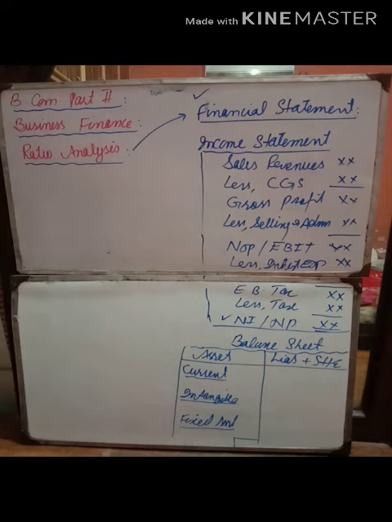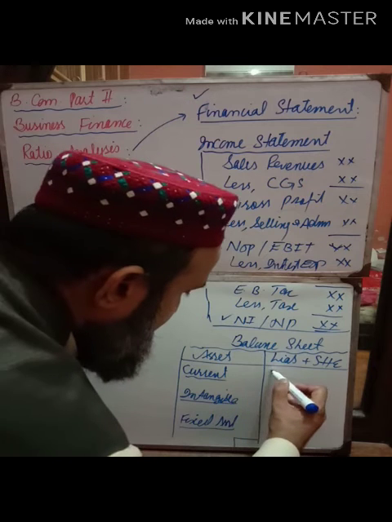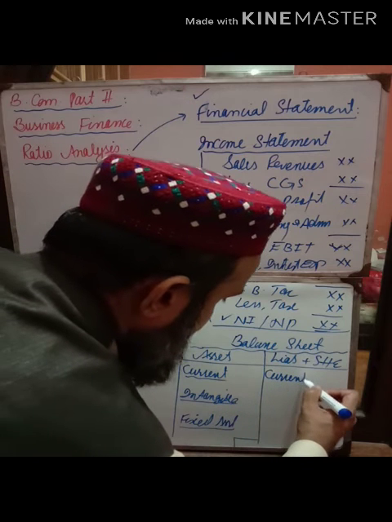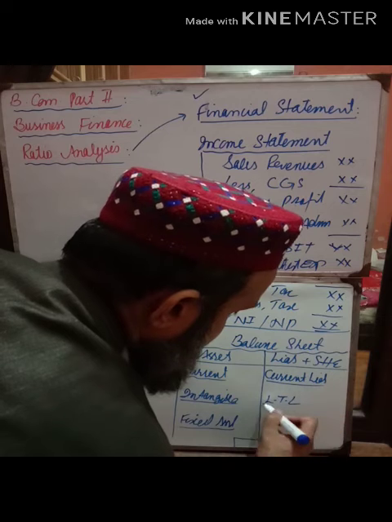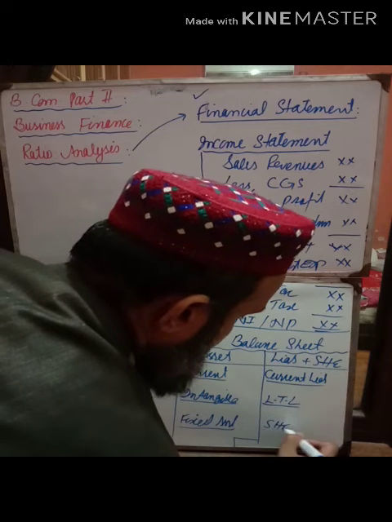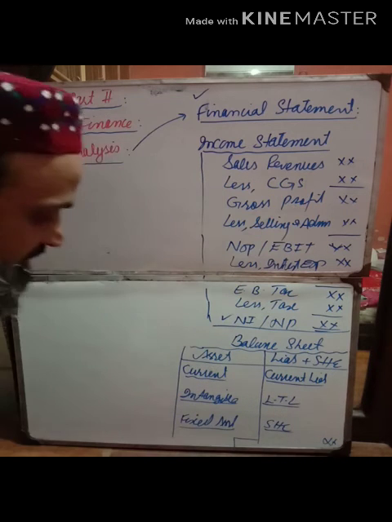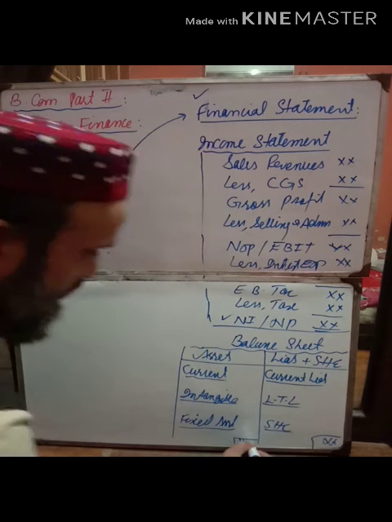Just as with three headings on the credit side of the balance sheet: our current liabilities, our long-term liabilities, and the last one is the part of shareholder equity, and then we get the total.